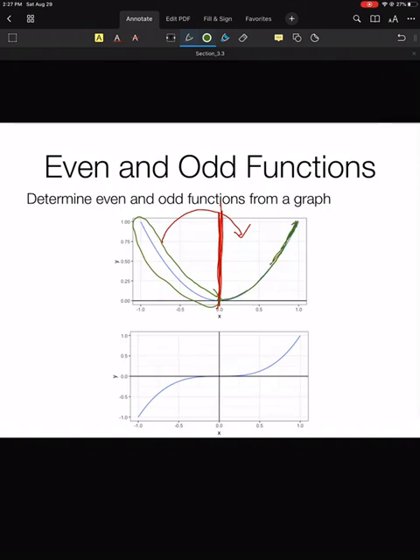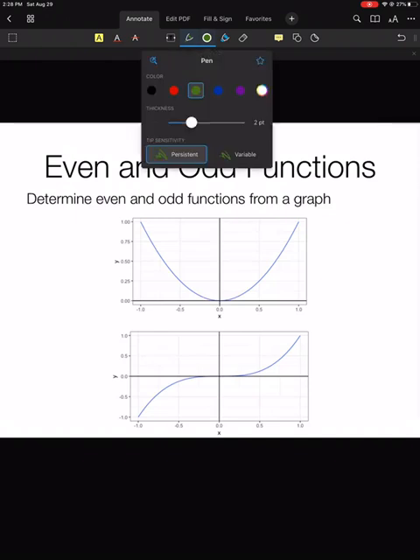It would go exactly on the right side of that function. That's what it means to be symmetric. So if I could cut it down the middle and flip it over and everything overlaps, then that function is even.